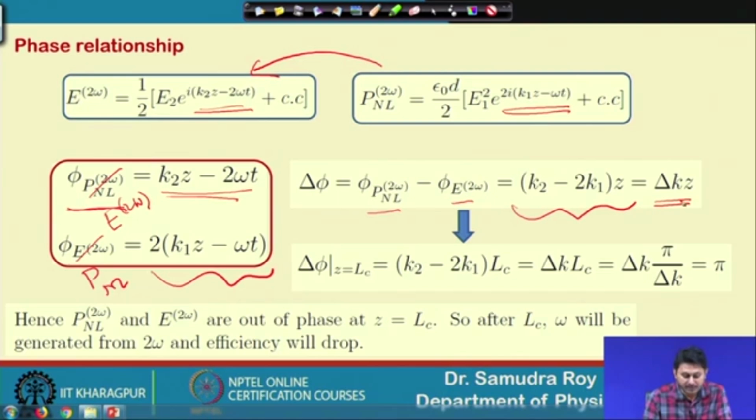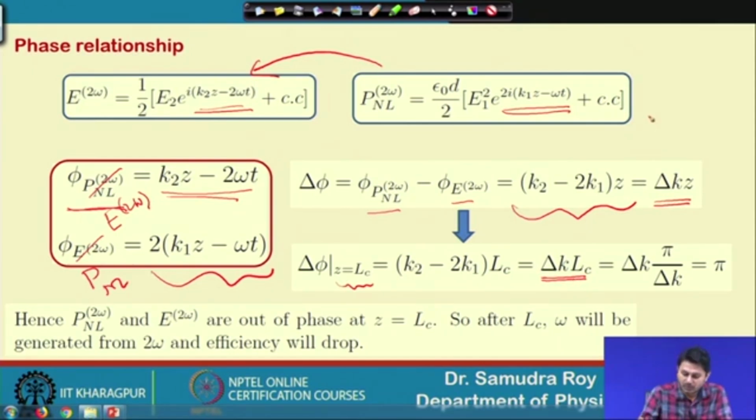Now, if we try to find out what the phase difference is at the coherence length, we know what the coherence length is. The coherence length is the length at which we have the efficiency maxima when we plot these things under the delta k not equal to 0 condition, and then LC, if I put it here in place of z, we will have delta k multiplied by LC.